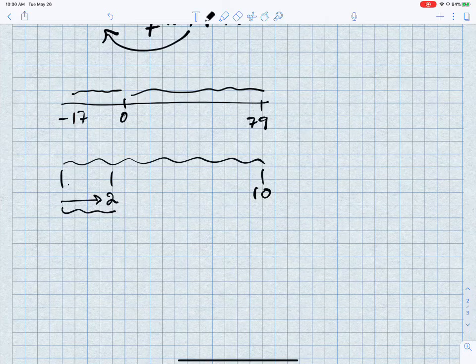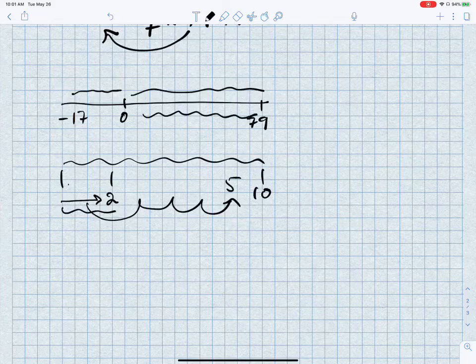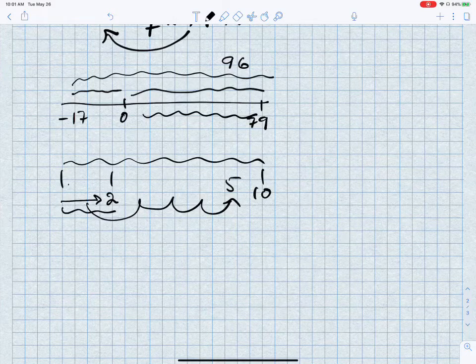Well, then it would fit multiple times, a total of 5 times. So the same question can be asked here. How many times does 79 go into that total distance, which is 96? So 79 goes into 96 one time. But because it's negative, then it's minus 1.